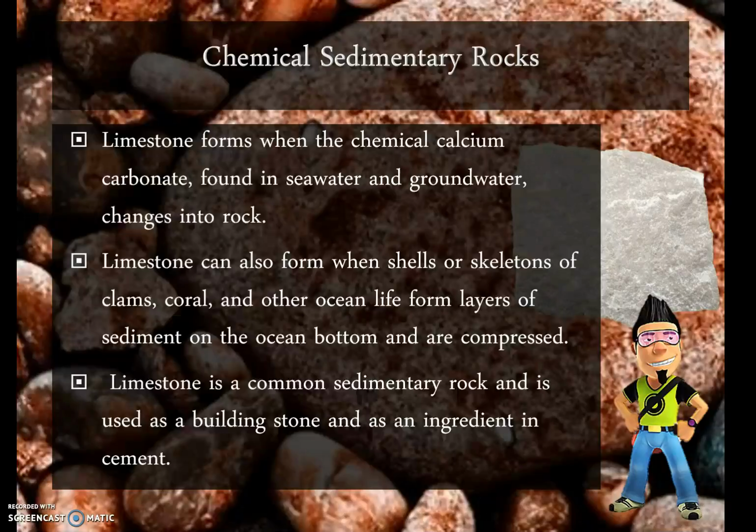Limestone can also form when the shells or skeletons of clams, coral, and other ocean life form layers and are compressed. Limestone is a very common sedimentary rock and one of the most common materials used as building and actually as cement.